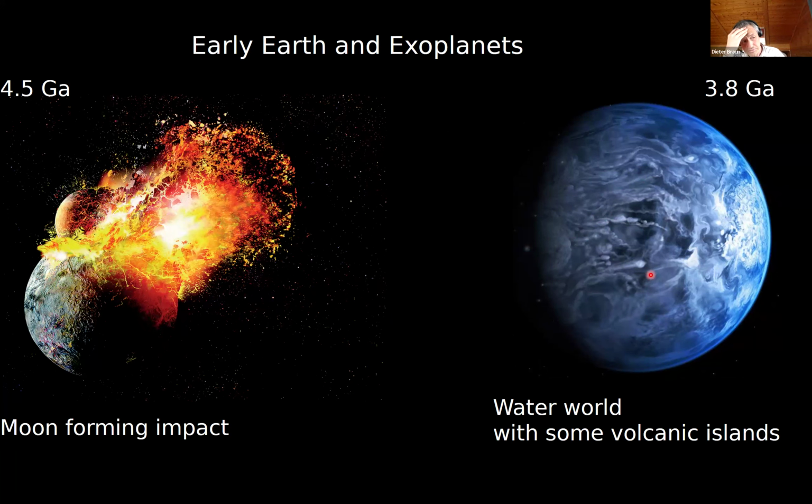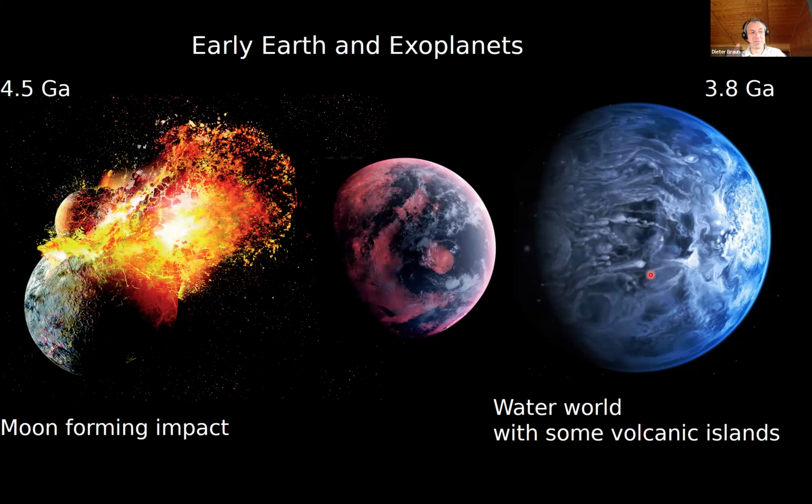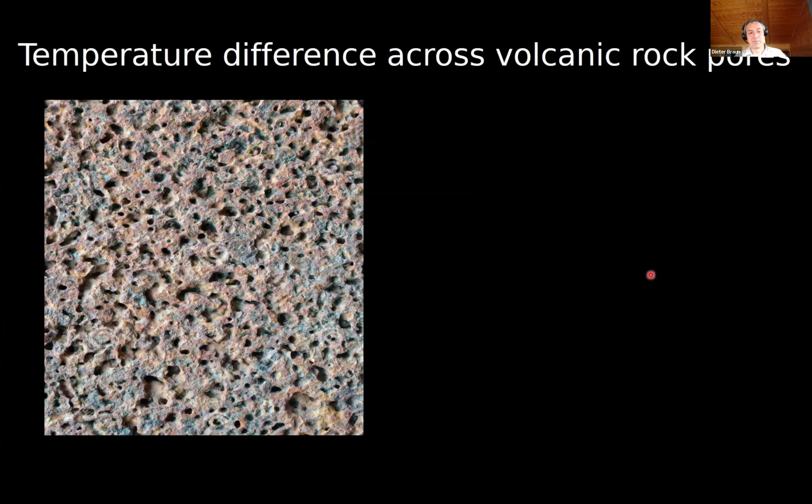Of course, there are always people who are optimistic and think this is not just a dilute ocean, but full of molecules. Still, you need a dry reaction where you get that from. So I take it that we rather think about something in between, where volcanic islands are around that deliver automatically porous rock.